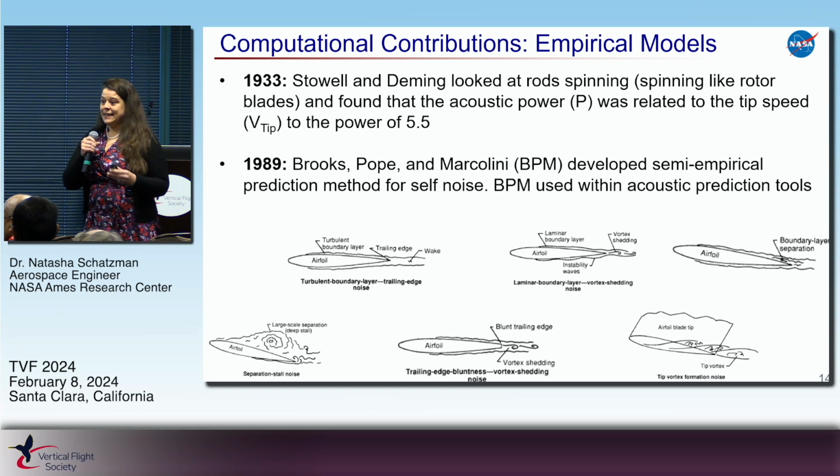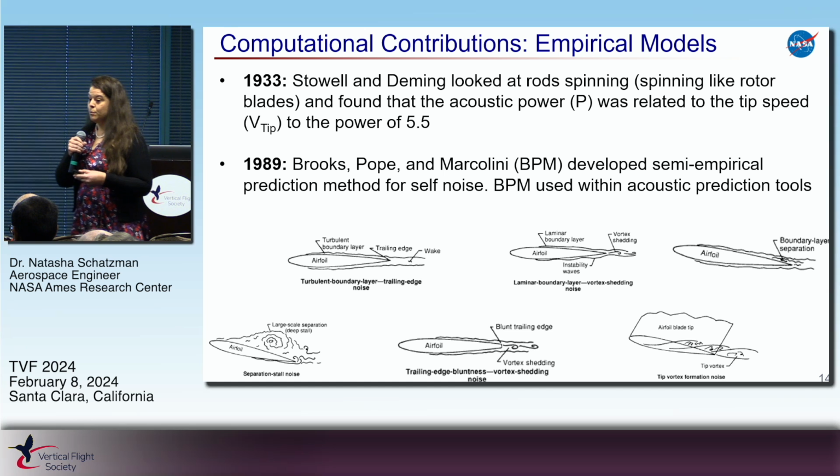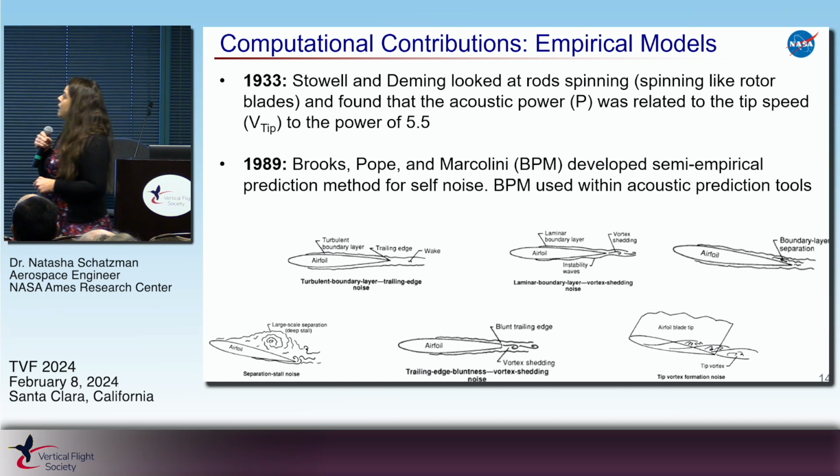Now, in 1989, which we actually still use, is the Brooks-Pope-Marcolini model. If you remember, Brooks was one of those VFS fellows. They developed a semi-empirical prediction method for self-noise, and now BPM is used in many of those prediction codes.